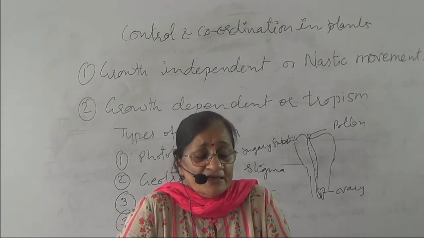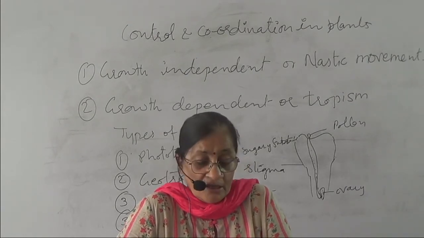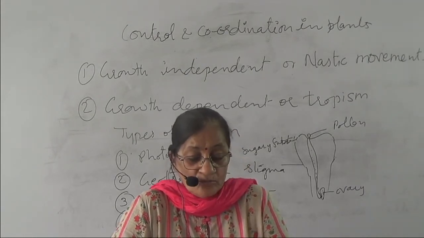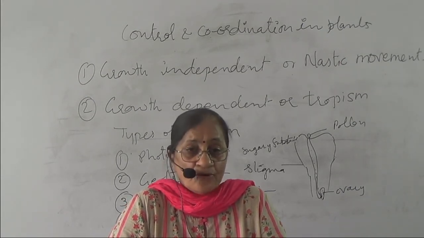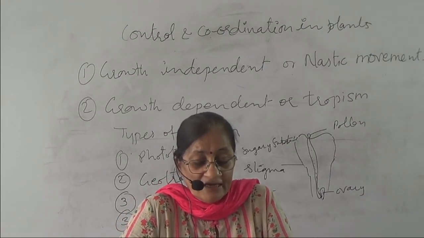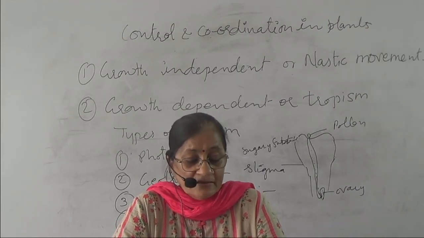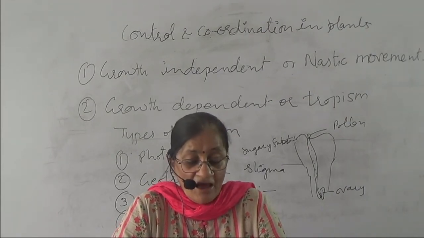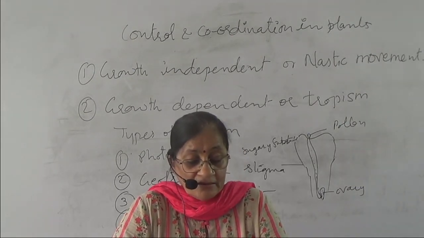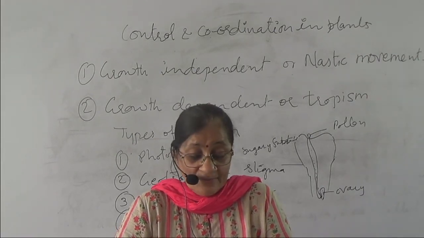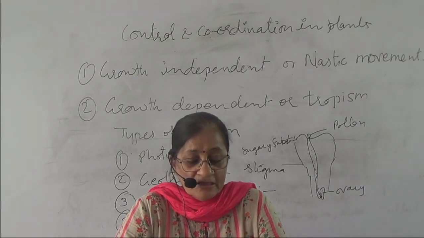And in this case, more auxin is diffused from its site of synthesis, that is from its tip towards the side of the tendril away from the support, than the side in contact with the support. As a result, the side having more auxin grows faster than the one in contact with the support. This causes the tendril to circle around the support.